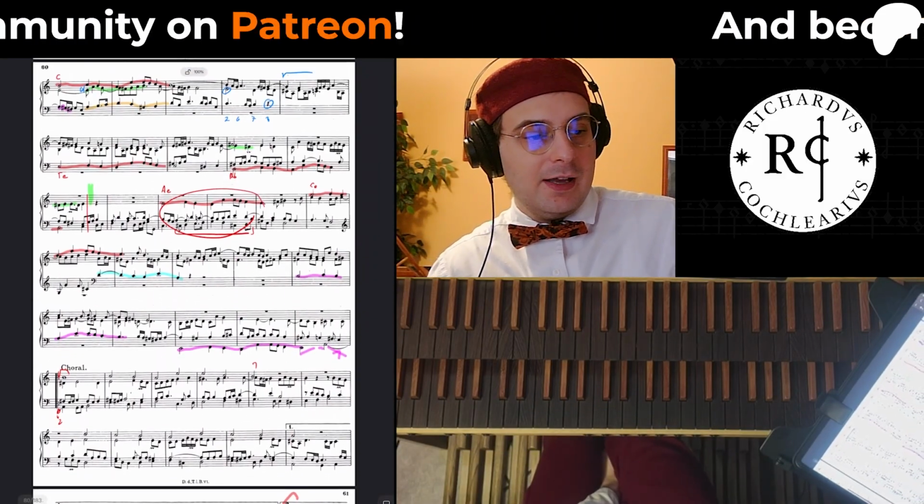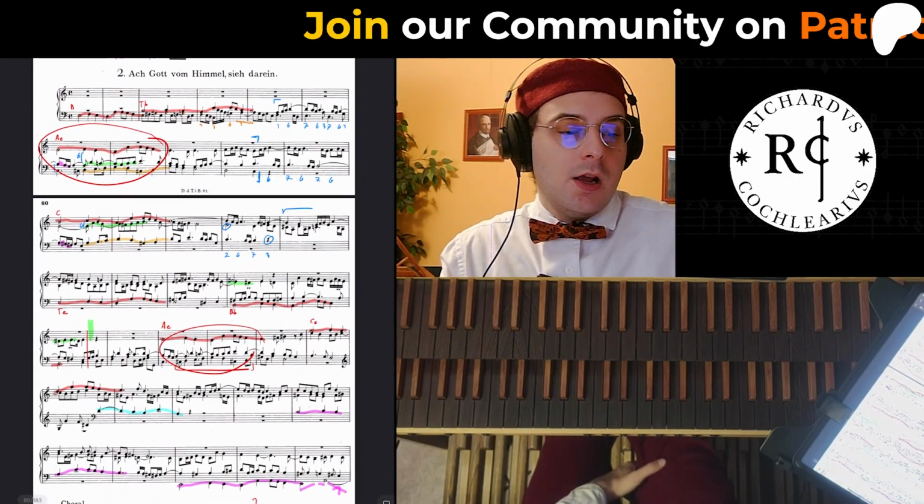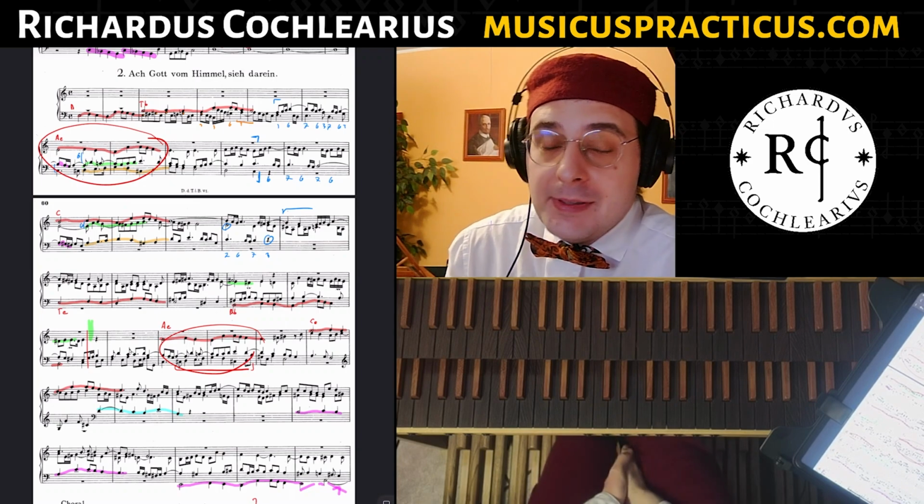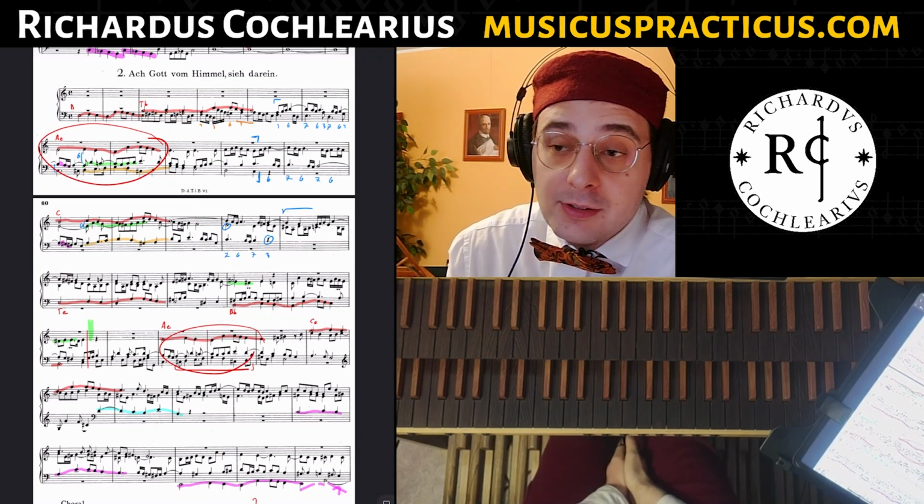So this is the organ motet, where we have polyphony, basically polyphony, imitations, entries, and the sequences.